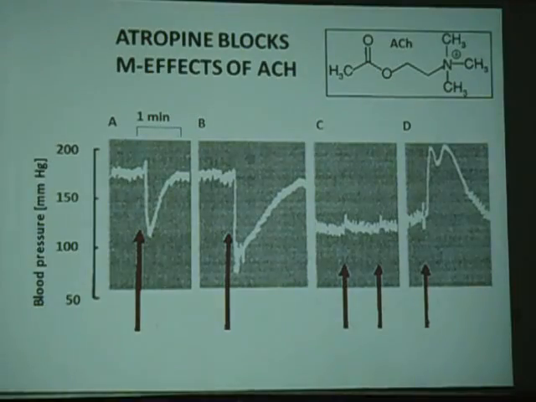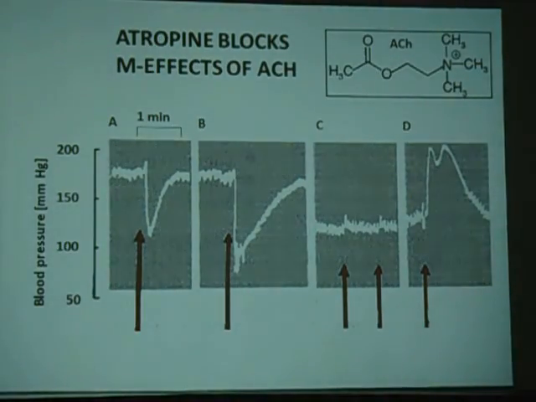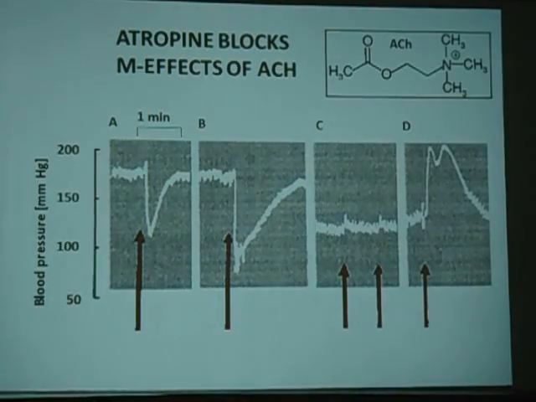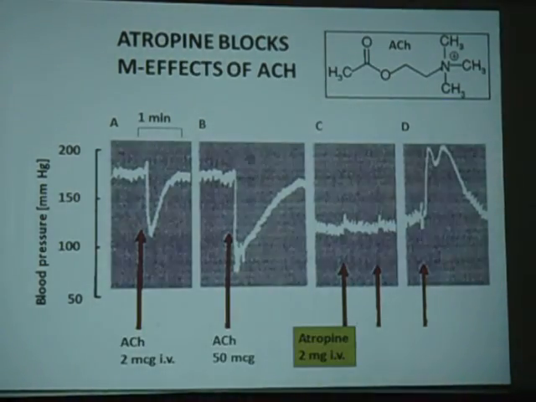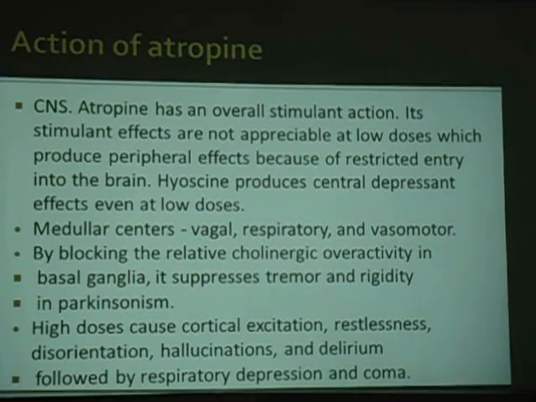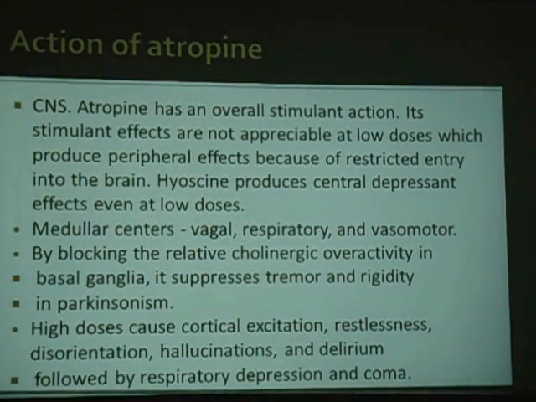So primarily we were speaking about the action of atropine. You saw how atropine acts on various systems. This is one diagram I left in the last class. I will come to this today. So what is the action of atropine?